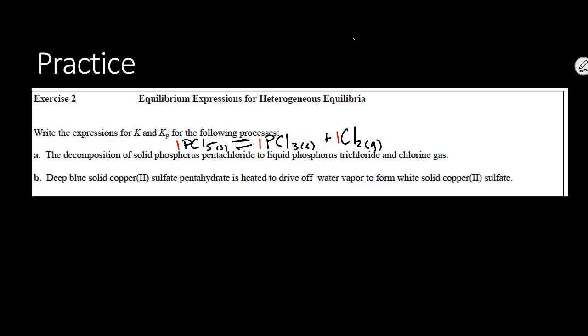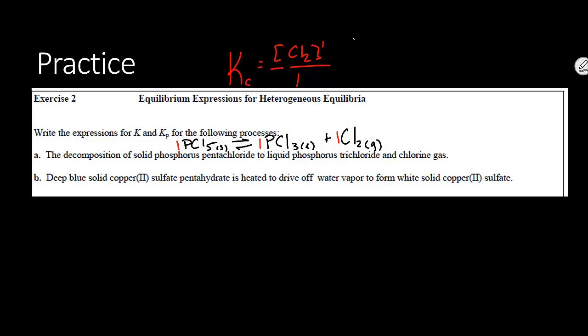When I go to write the equilibrium expression for this reaction, it's the products, chlorine gas raised to the 1st times phosphorus trichloride raised to the 1st. However, phosphorus trichloride is a pure liquid, so it's not included, over phosphorus pentachloride raised to the 1st, but phosphorus pentachloride is a pure solid, so it's not there.